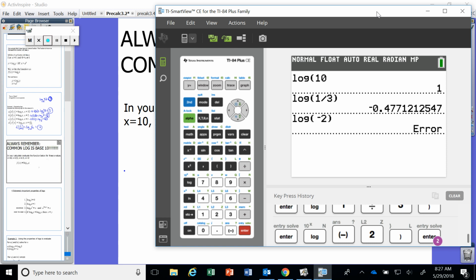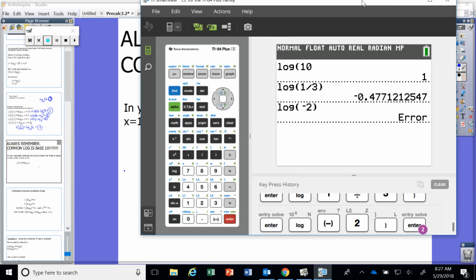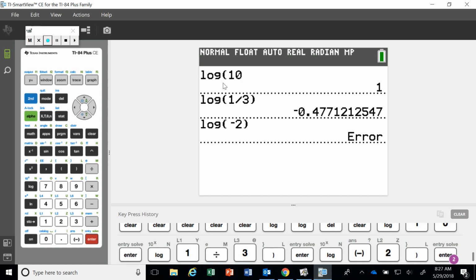Alright guys, so I've put a few of them in there, and as we can see, when we have the common log of base 10 raised to the 10, it's the same thing as saying 10 to what power equals 10? Well, 10 to the first power equals 10. Good to go. The common log, or log of base 10, of 1 over 3 gives us negative 0.477, so on and so forth.